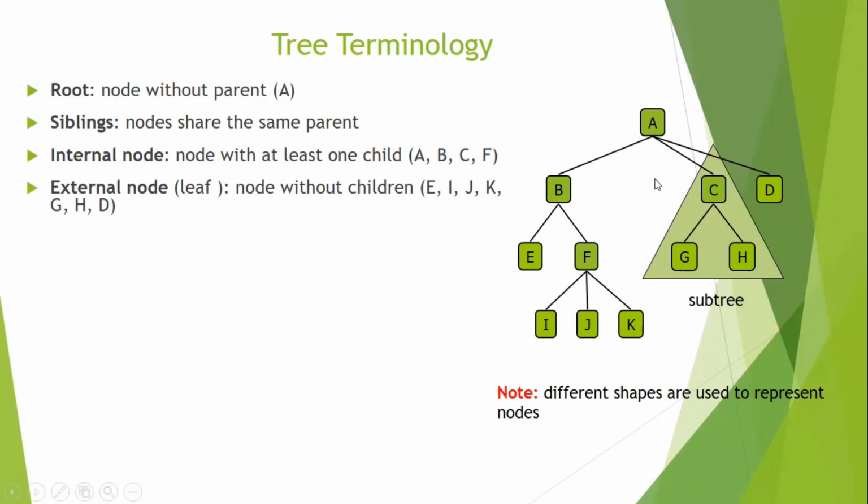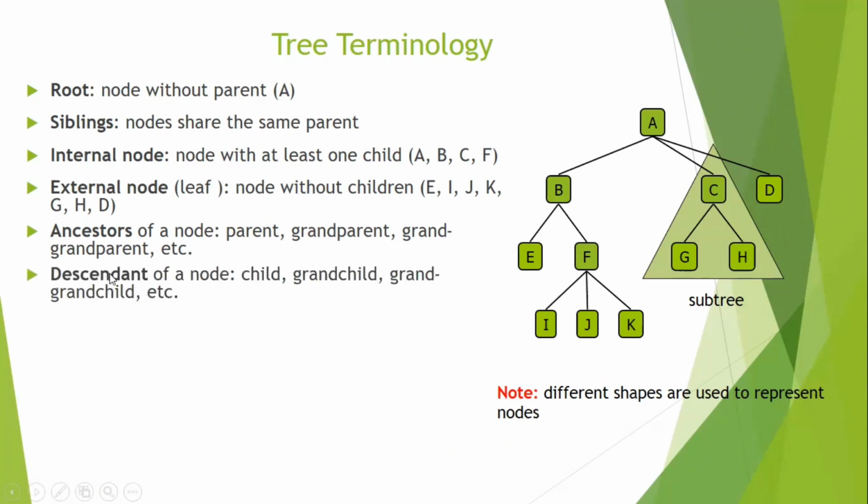In this illustration, the nodes without children are E, I, J, K, H, and D. Next are the ancestors of a node: the parent, the grandparent, the great-grandparent, and so on. Self-explanatory. Next are the descendants of a node: the child, the grandchildren, the great-grandchildren.